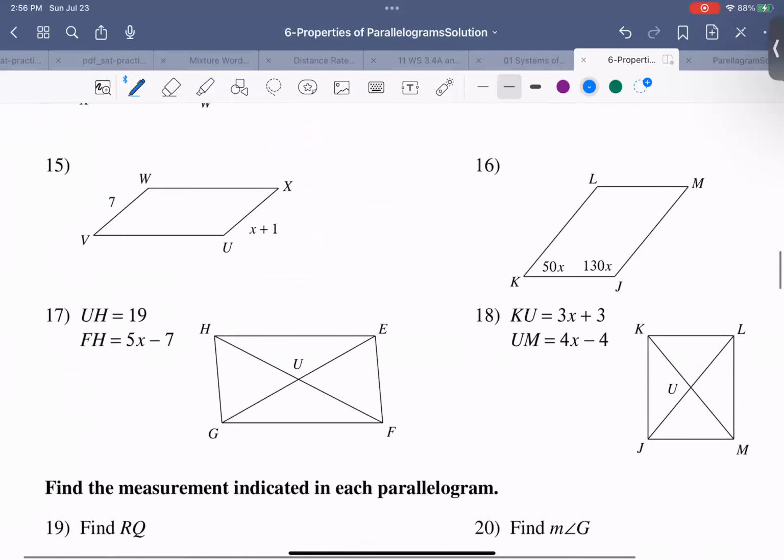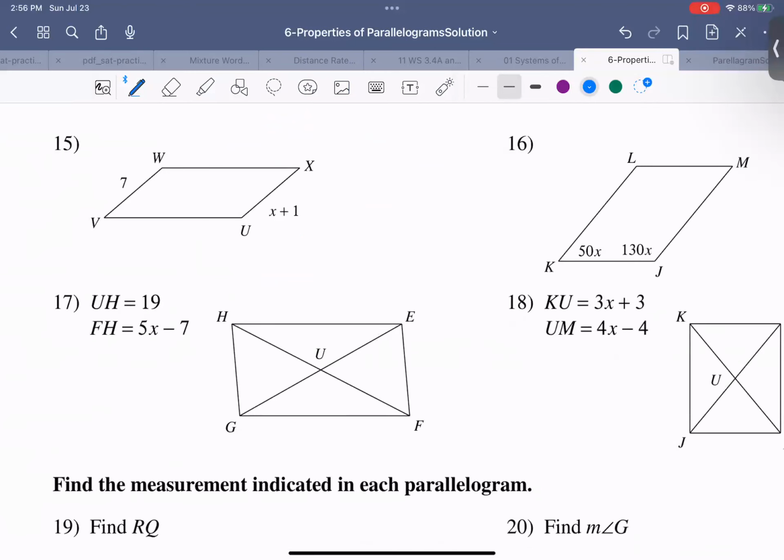Next one, number 17. Annie. The UH here, that's not University of Houston. This is UH, and the FH is this. This is 19, and this total is 5x minus 7.